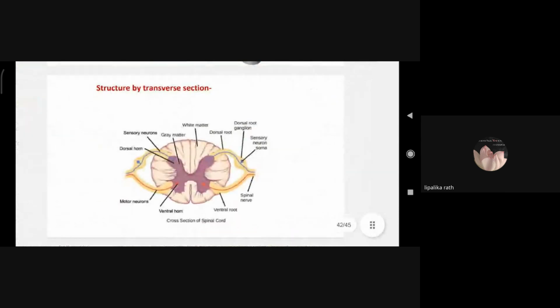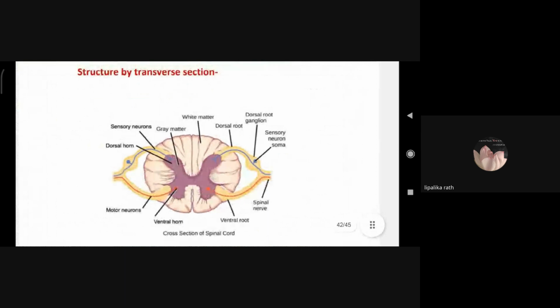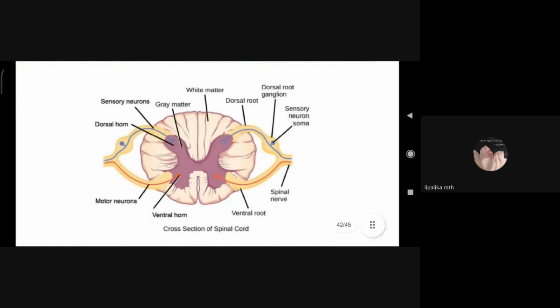So here, this is a transverse cut section of the spinal cord.